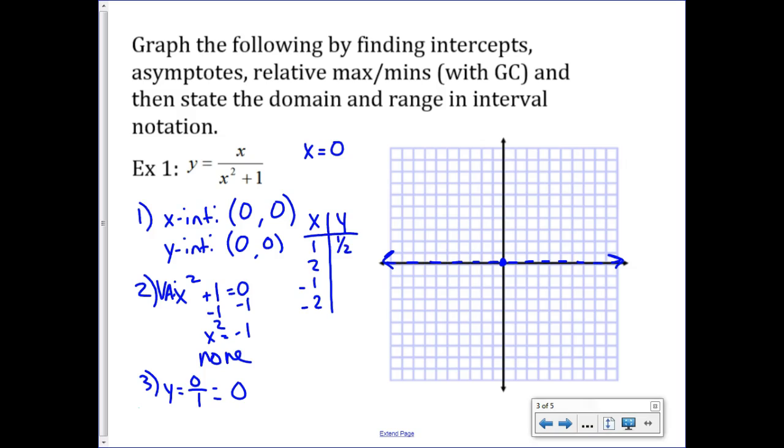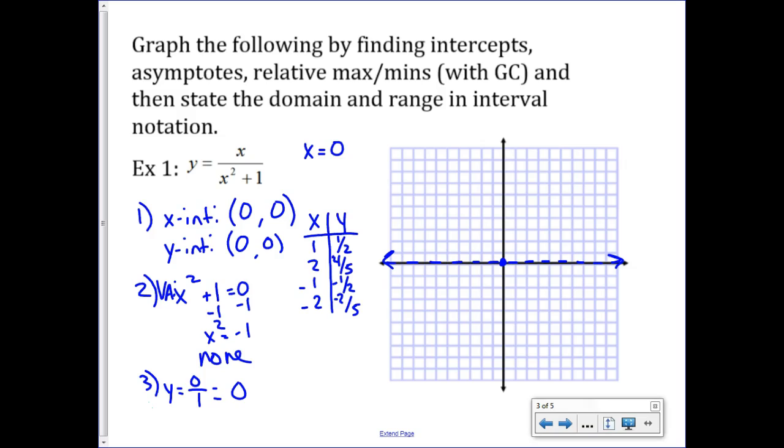If I plug in 2, 2 divided by 2 squared is 4, plus 1 is 5, so 2/5. -1 divided by -1 squared is 1, plus 1 is 2, so I get -1/2. -2 divided by -2 squared plus 1, 4 plus 1 is 5, so I get -2/5.